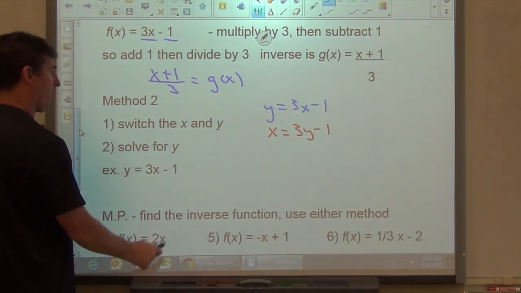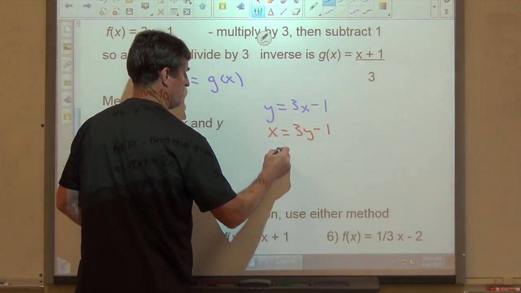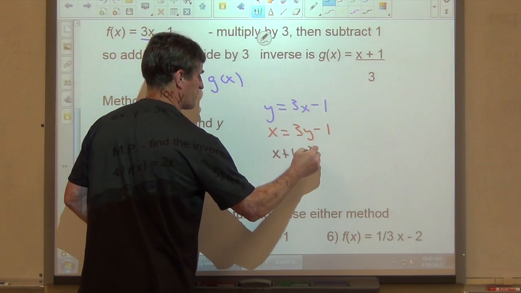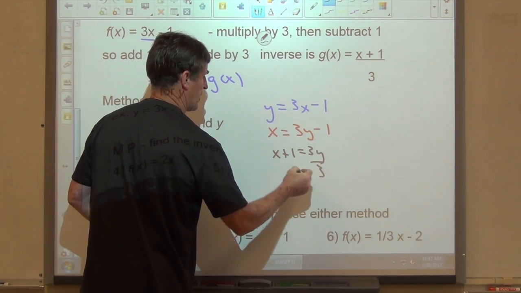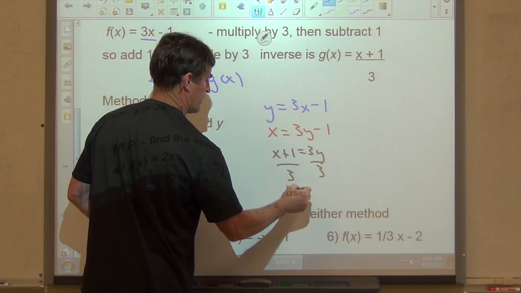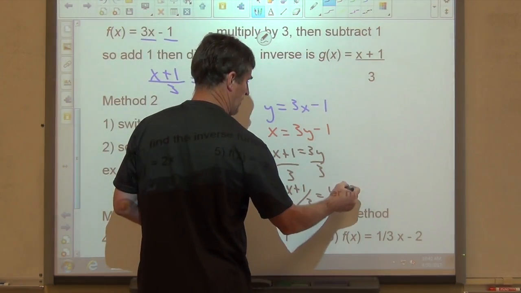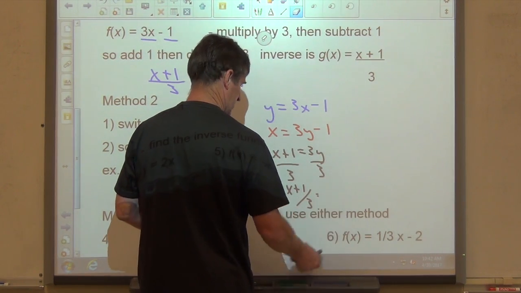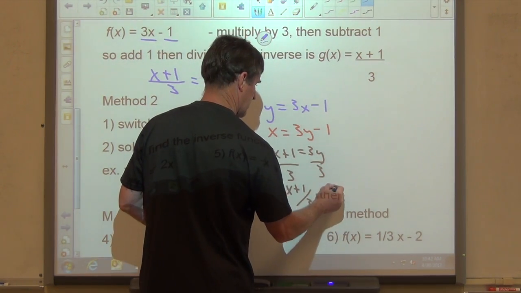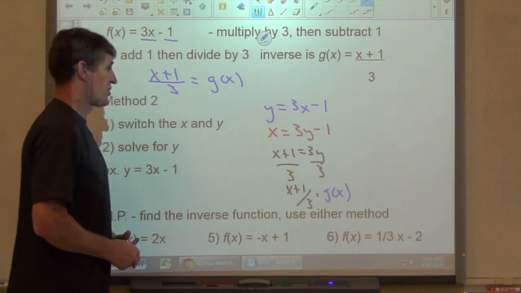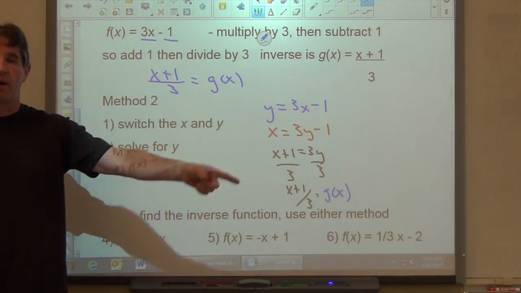So I would add 1 and then divide by 3. And that would be our g of x for the inverse function.